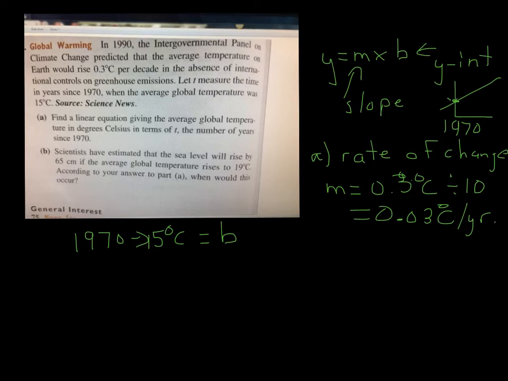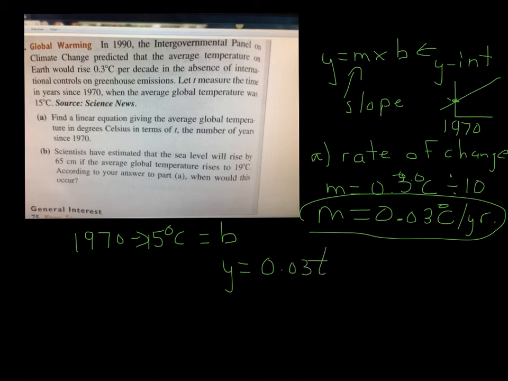And so 15 is going to be your B. Your M is this value over here, and y equals 0.03t plus 15 is the linear equation, and the y would represent the global temperature at any time after 1970.